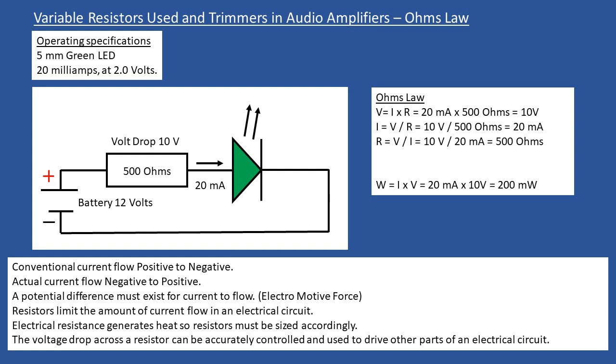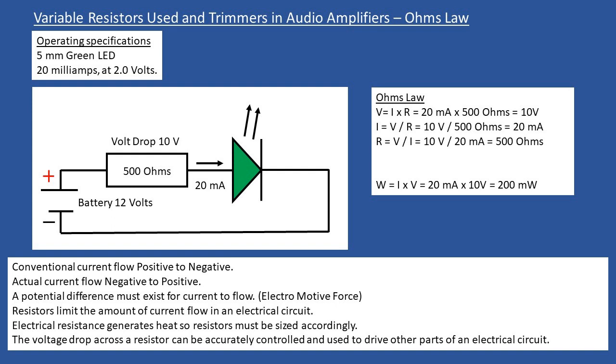I appreciate that that sounds a little bit complicated, but just stick with it and we'll walk through this together. Okay, so I'm using this example here. If you looked up the specifications for a green light emitting diode, available in a 5mm diameter, in the data sheet the LED will typically draw 20 milliamps, which is a nominal current, at 2 volts.